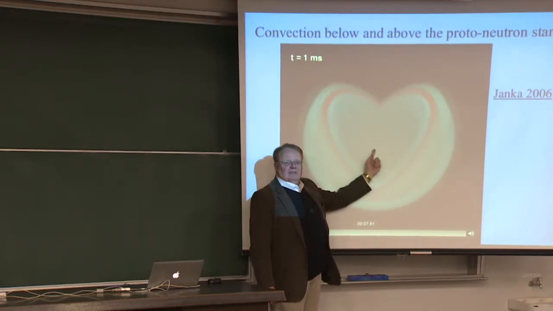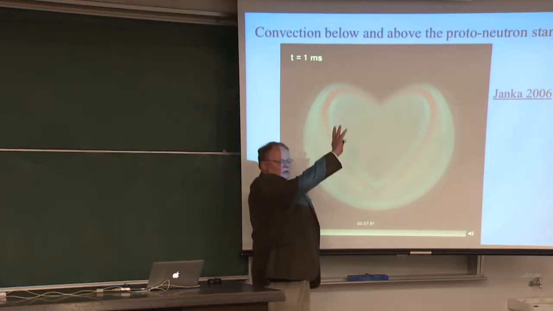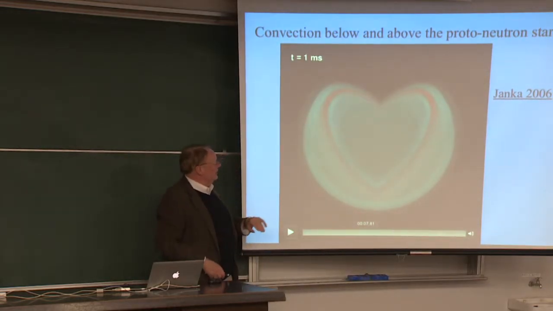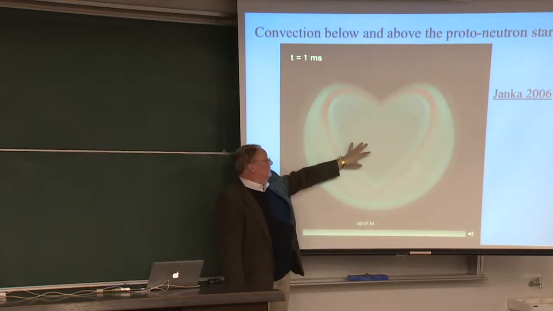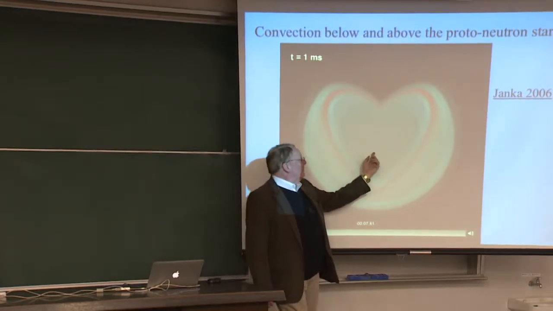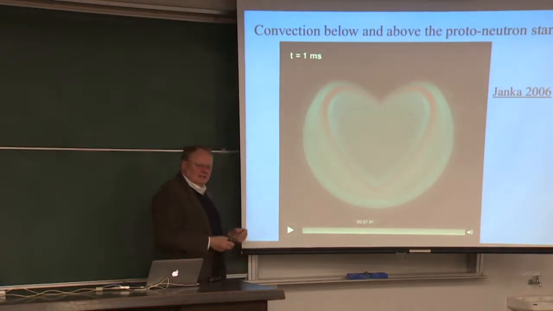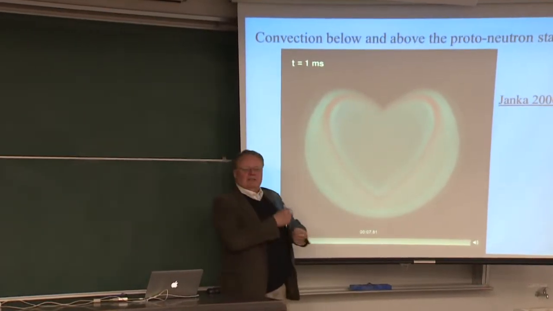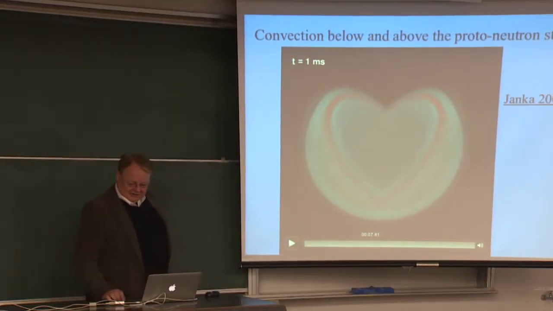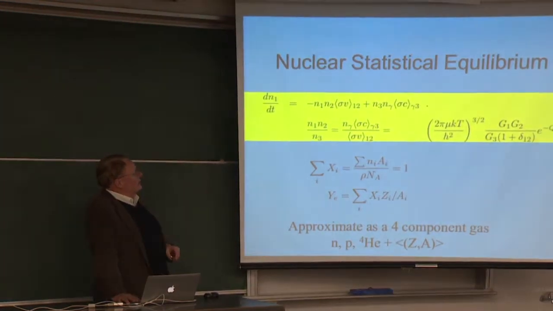It has a lot of convection in the interior, and out here in the outer layers, there's a huge convection going on. And the problem with supernova explosion, where the field is now, is actually analyzing this convection to see both above the protoneutron star and below if there's enough neutrino heating to get it to explode. But let's move on to the next thing.